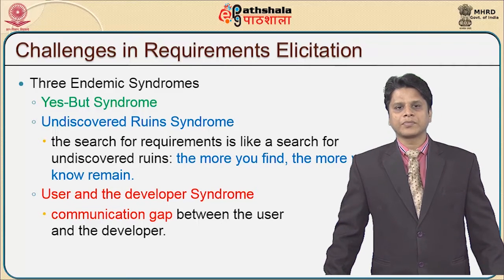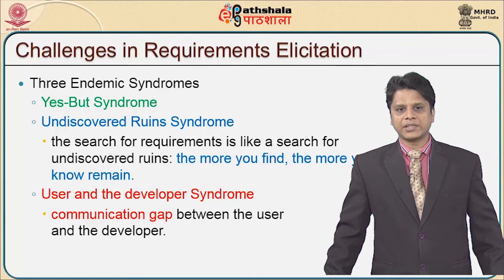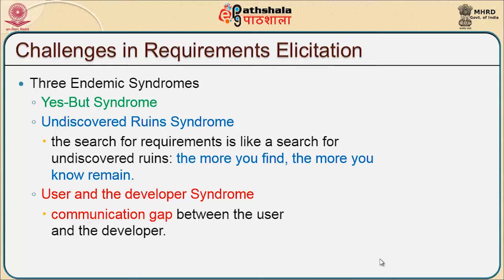The second syndrome is the undiscovered ruins syndrome, where the search for requirements is like a search for undiscovered ruins: the more you find, the more you know remain. This happens many times when we search on Google. For a keyword, Google hints that say 2 lakh documents are retrieved.